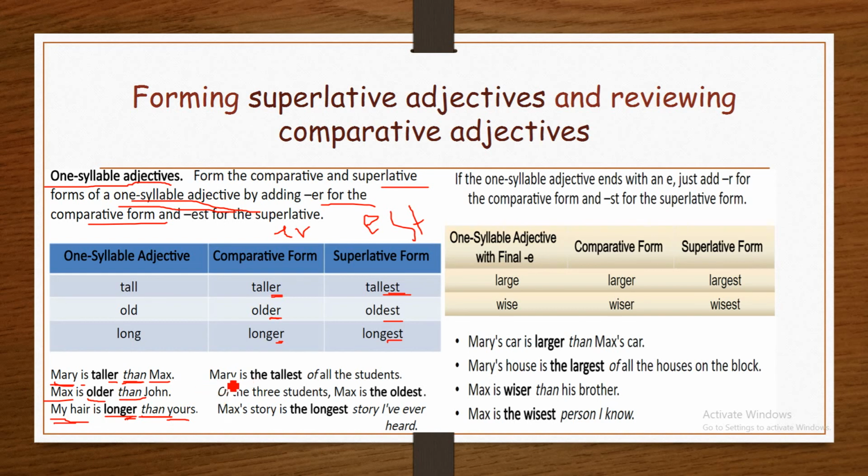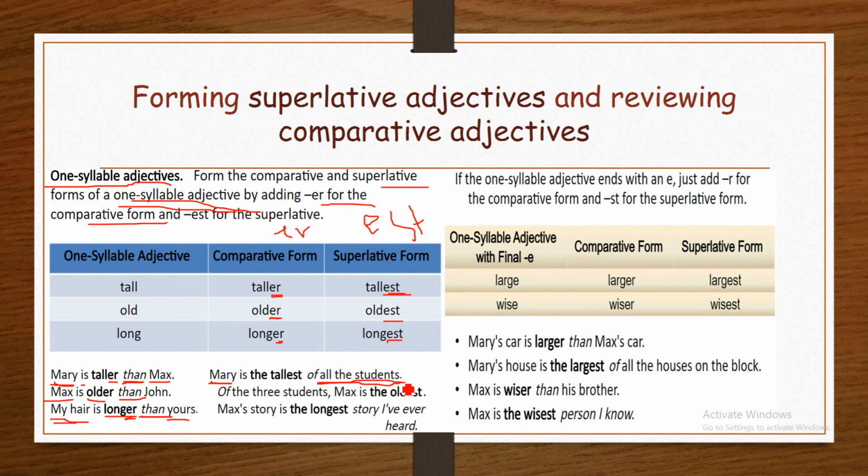Superlative examples. Mary is the tallest of all the students. Here, Mary is compared with a group of students.